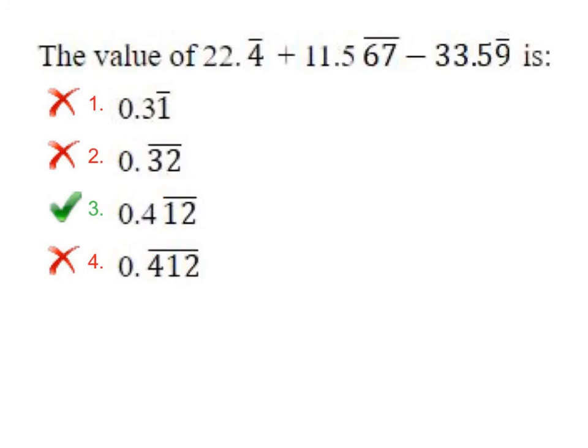The value of 22.4 bar plus 11.567 bar on 67, minus 33.59 bar. 33.59 bar means, whenever there is bar on 9, you cancel it and add 1, so it becomes 33.6. Keep it aside. Now in this one, 22.444, extend it, plus 11.56767.